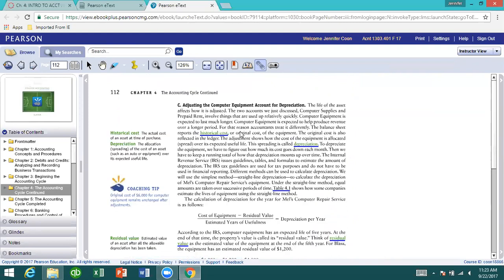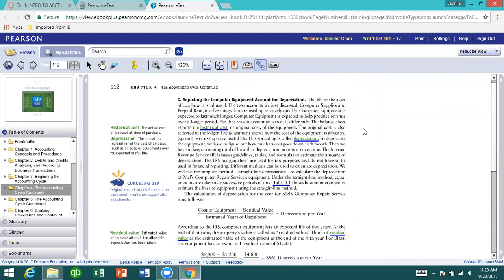Come in, our next adjusting entry is where we talk about depreciation. So when we buy what I call a fixed asset, something that's going to live for longer than 1 year, we put it on our books according to the cost, and that's the historical cost principle. Those assets aren't going to live forever.